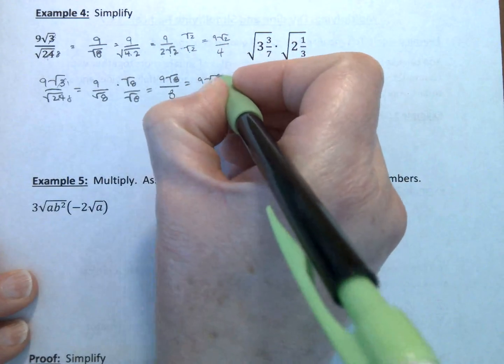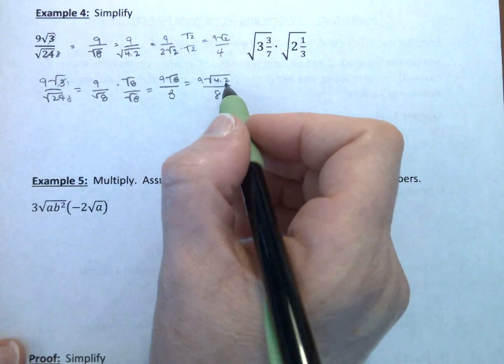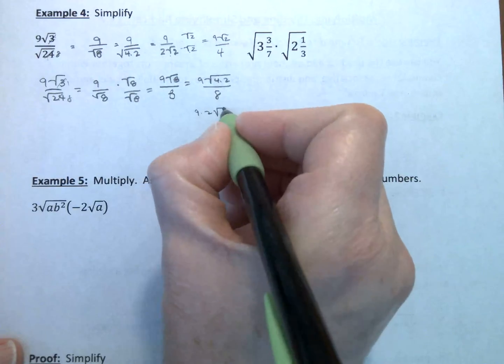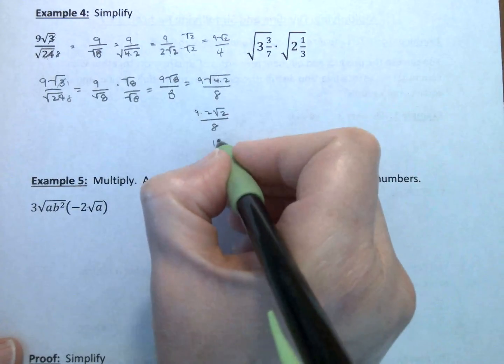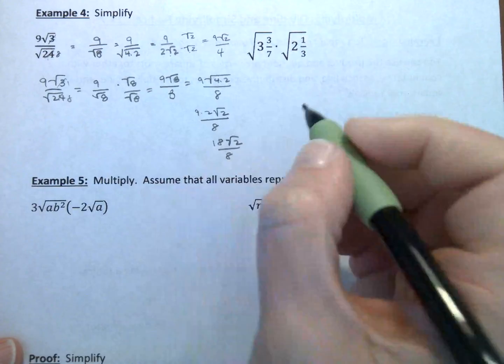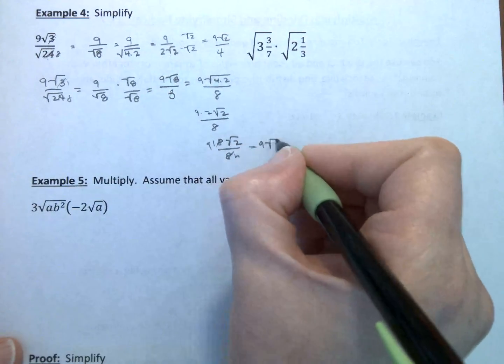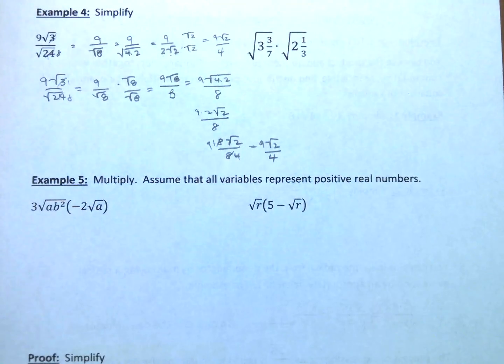So this is 9 square root of 4 times 2 over 8. Square root of 4 is 2, so I have 9 times 2 times square root of 2 over 8, which is 18 square root of 2 over 8, which I can simplify to 9 square root of 2 over 4. Okay, so again, it takes quite a few steps.